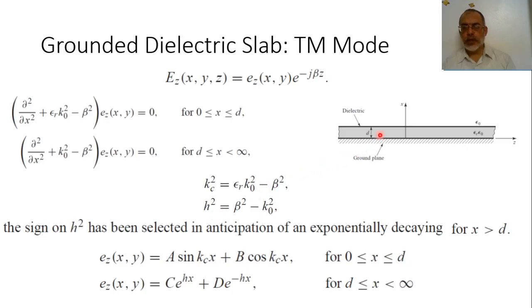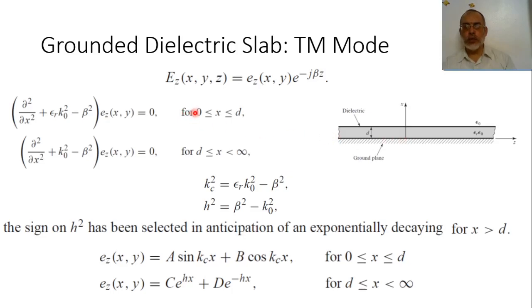At the beginning, Ez is tangential to the ground plane at x equals 0. And we know that the tangential component of the electric field at the ground plane, or the perfect electric conductor, should be 0. So in this case, Ez at x equals 0 should be 0.